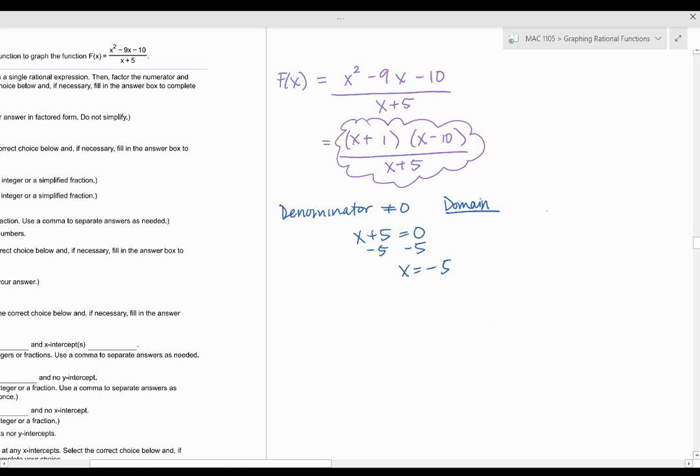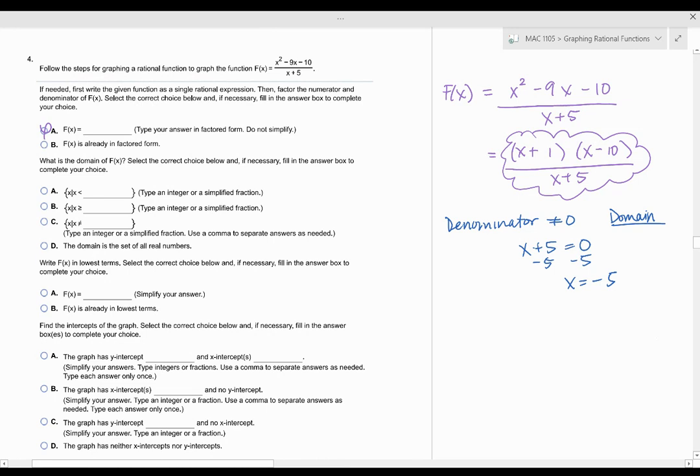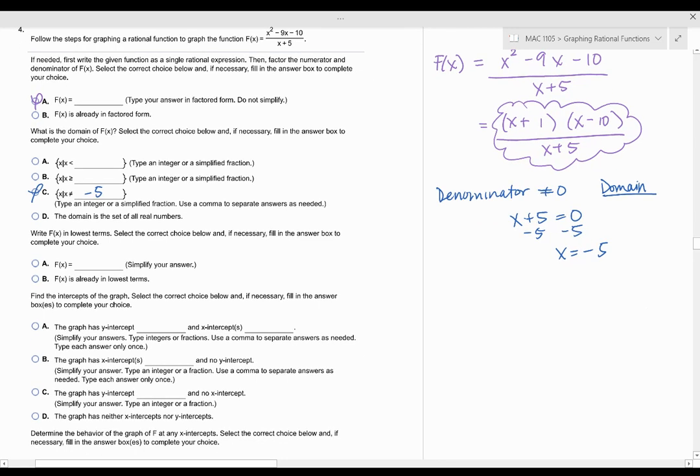So if I wanted to write that in set builder notation, I would have brace x such that x does not equal negative 5. All right, so when I go back over here and I look at the choices, I'm going to choose C because x does not equal negative 5. Okay. All right, let's continue on to the next part.